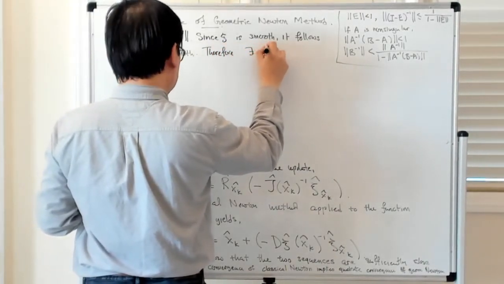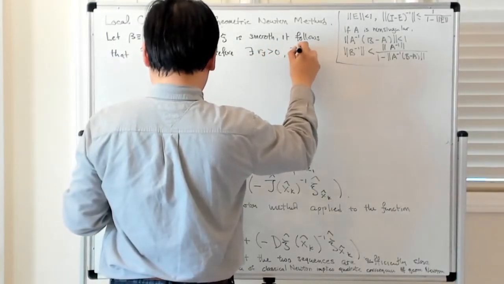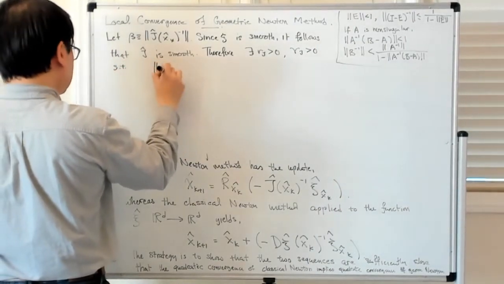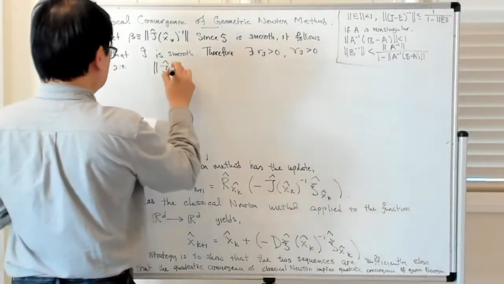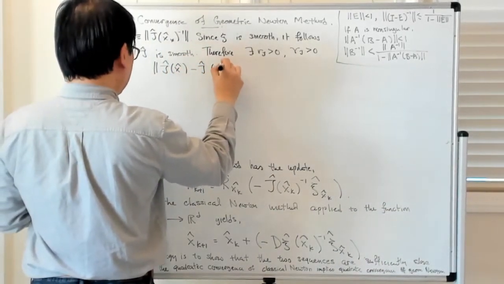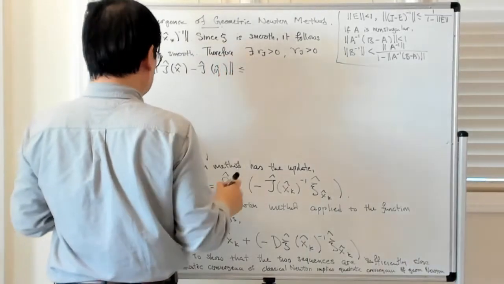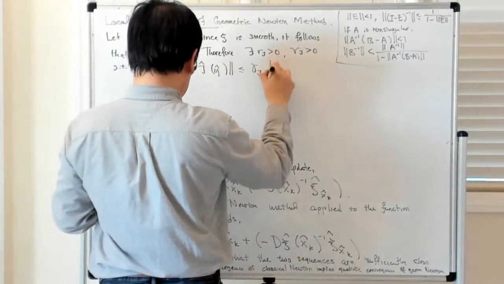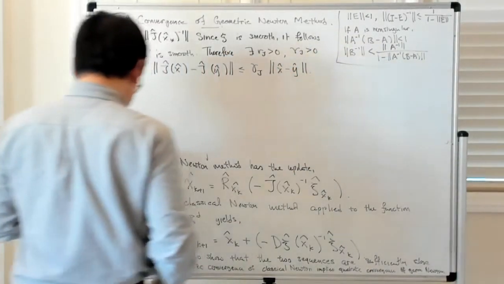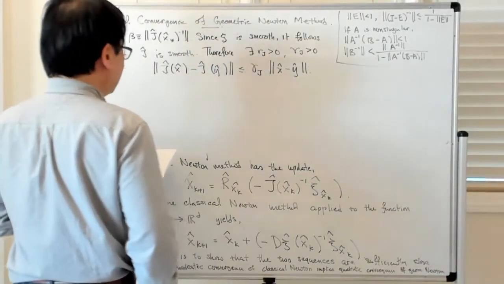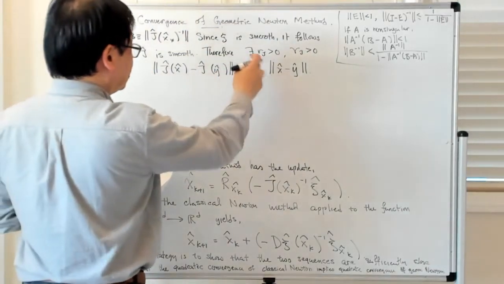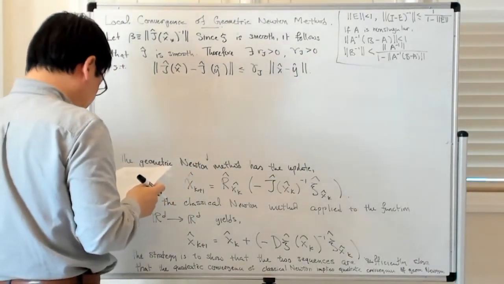There exist some rj greater than 0 and gamma j greater than 0 such that the difference in norm between J at x hat minus J at y hat is less than or equal to gamma j times the distance between those two points at which you evaluated. This holds for everything in a ball of radius rj about the point x star.